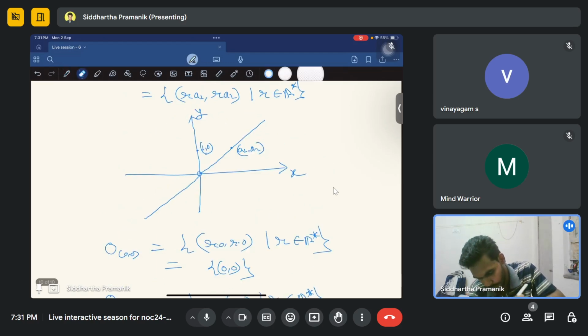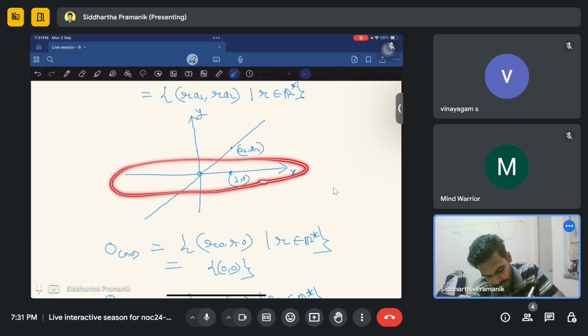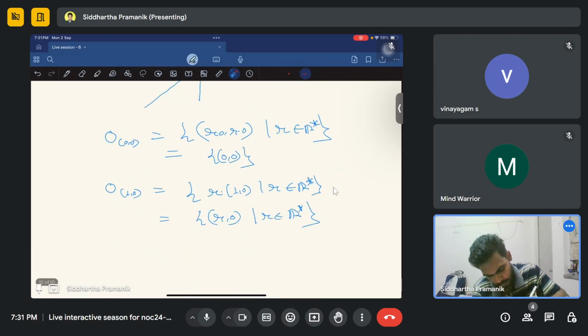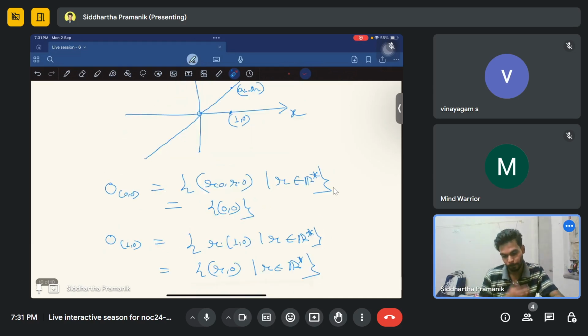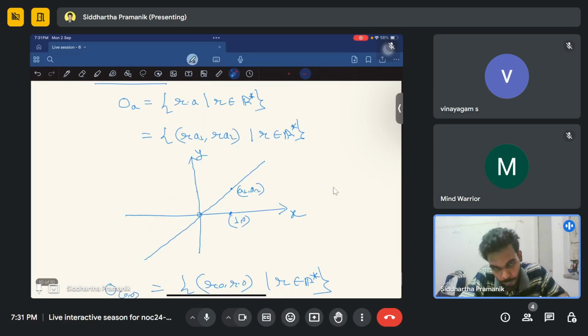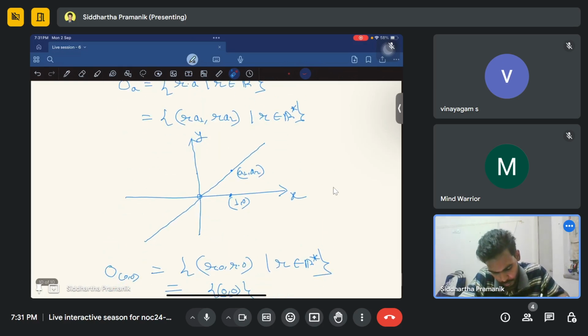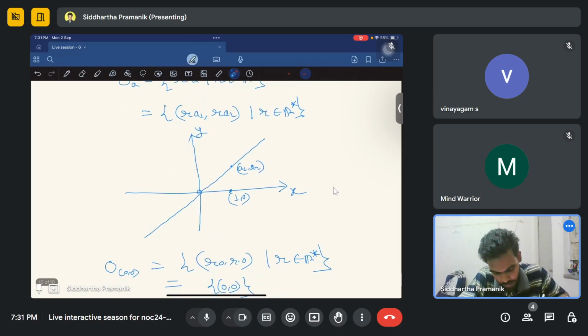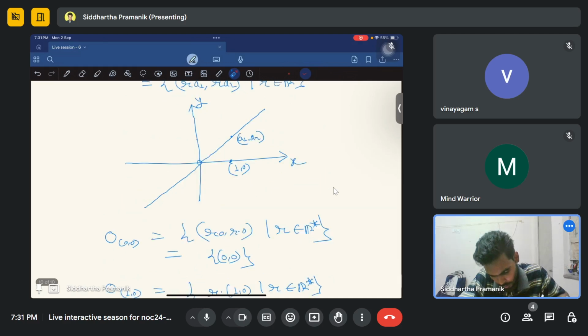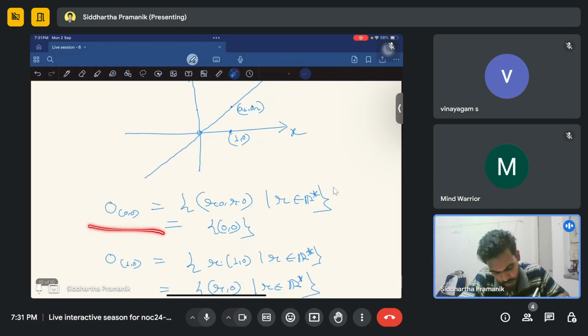Sorry, I have taken the wrong one. (1, 0) is on the x-axis, so the orbit is the whole x-axis except the origin. So orbits of non-zero points are straight lines which do not contain the origin, and the orbit of 0 is only the singleton set {0}.